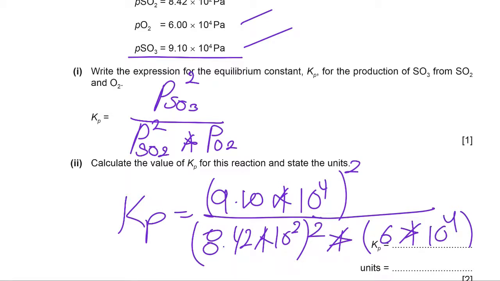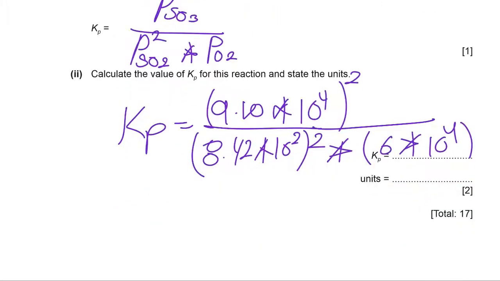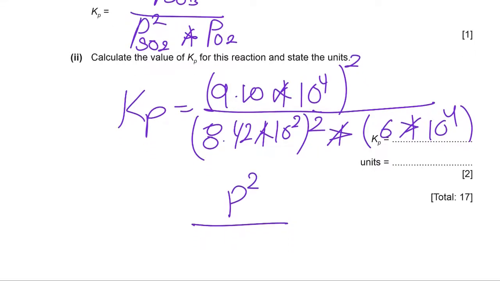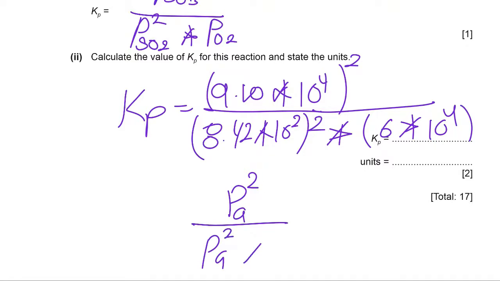You will get the Kp, but you need to find the units. Here the unit is Pascal squared for this one, and this one Pascal squared times Pascal. This one will cancel this one, and you will have Pascal to the power minus 1.